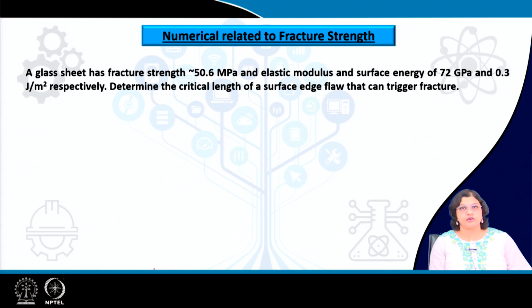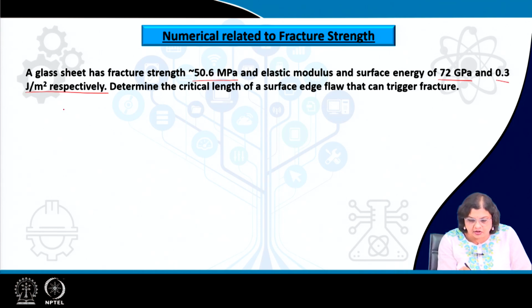So, let us now solve a problem related to fracture strength determined through Griffith criterion accordingly. A glass sheet has fracture strength of 50.6 MPa and the elastic modulus and surface energy are respectively 72 GPa and 0.3 joule per meter square.